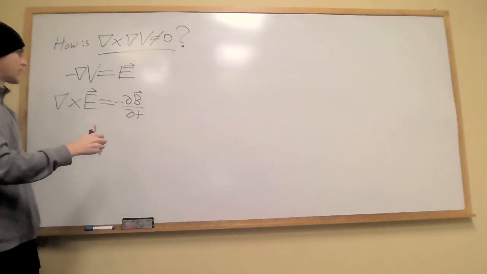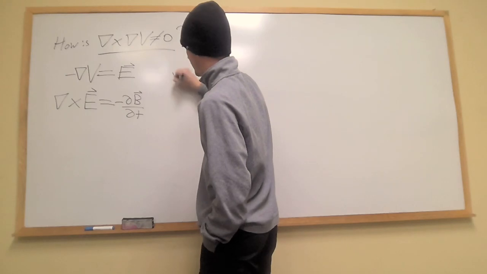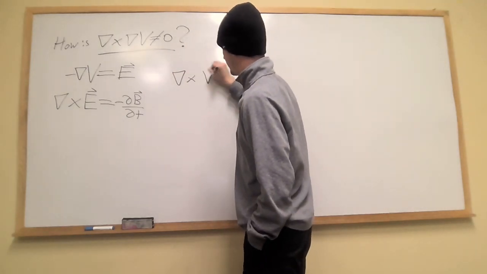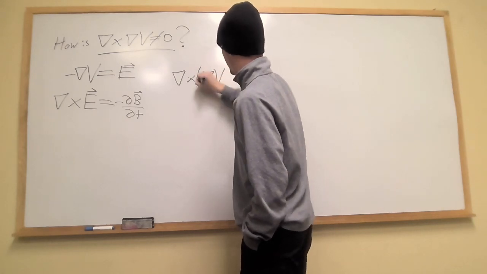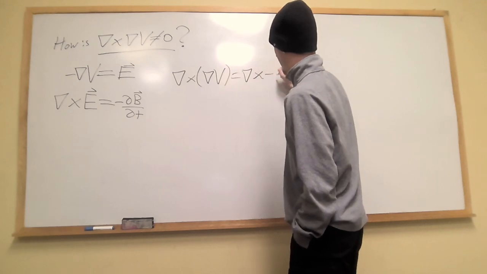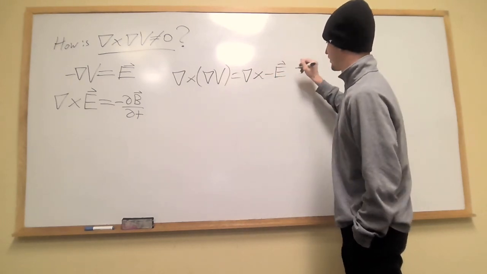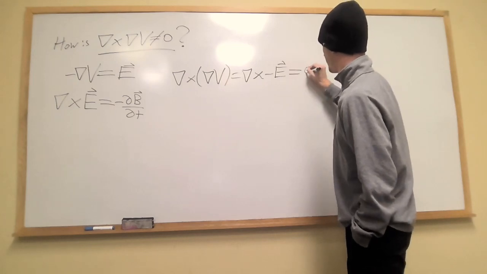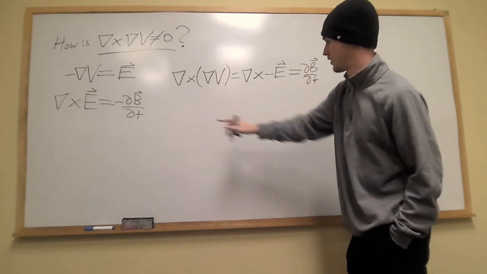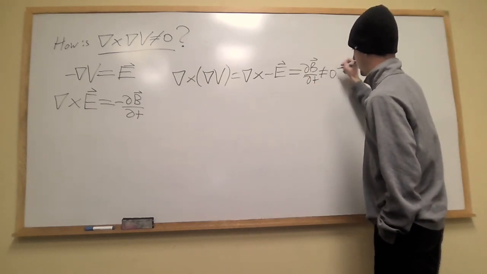So I'll plug it in just to be sure, but we can tell that if we take the curl of the gradient of voltage, that first equals the curl of the minus electric field, and then you can just keep the negative out. This will give us partial B partial t. No negative this time because they cancel. So we can tell very quickly this is not equal to 0.